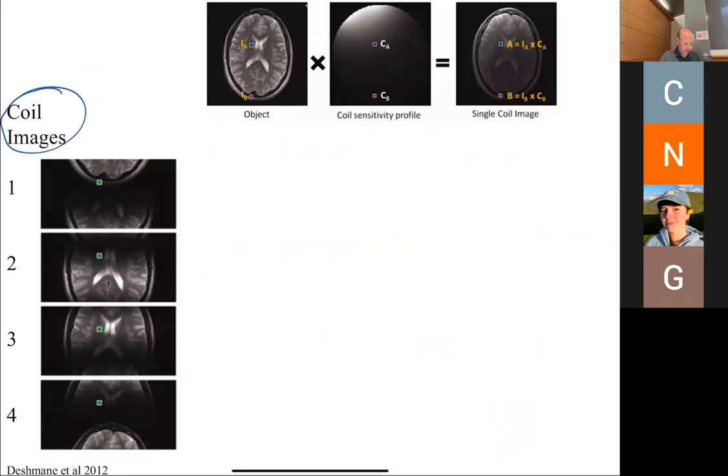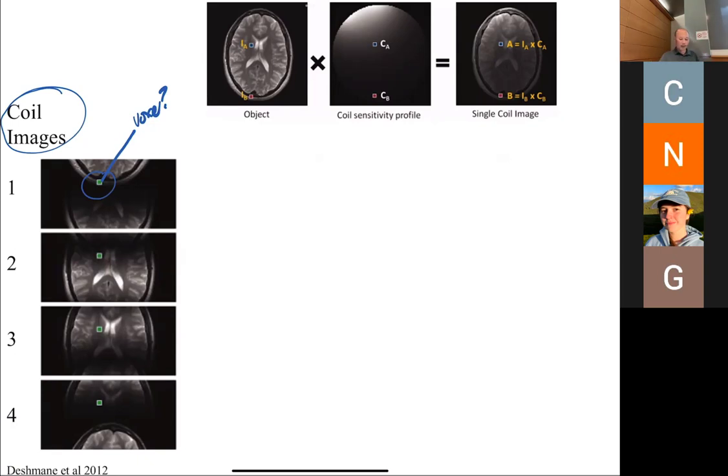And you can see that they each have an aliased view of the object. We're trying to figure out how to reconstruct this voxel here. What we know is that if I have aliasing, I'm going to have an overlap.